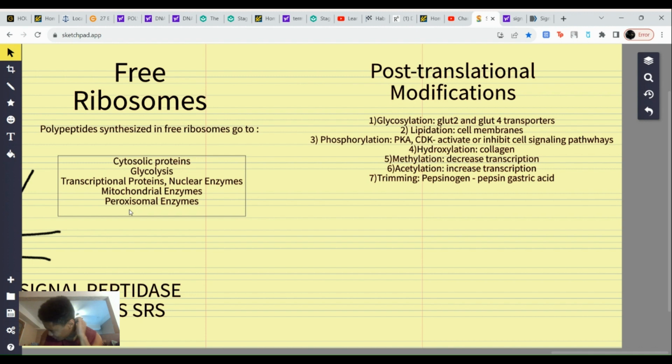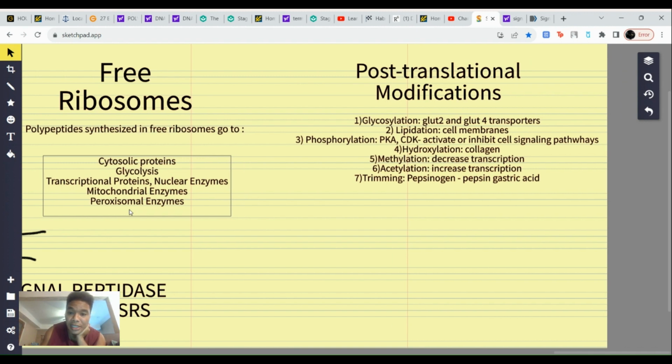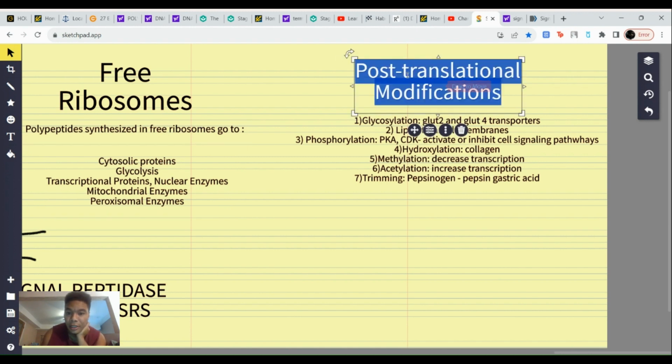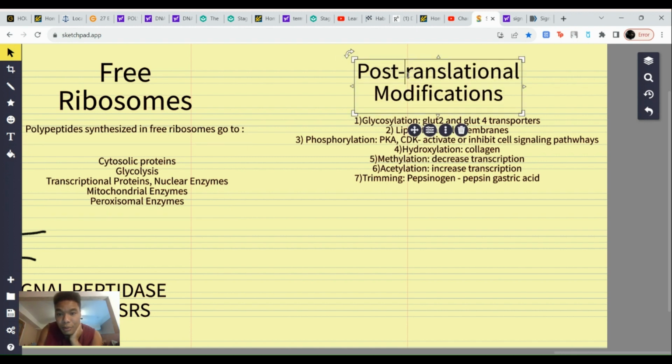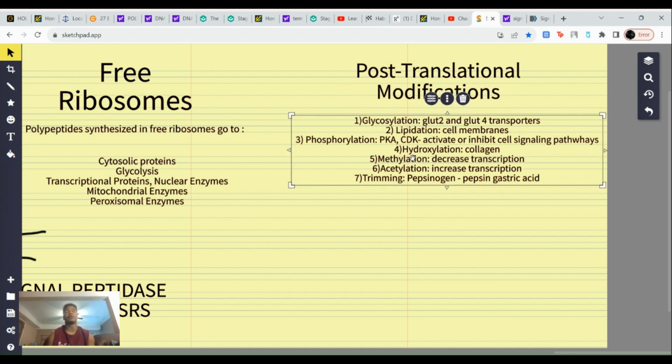Lastly, post-translational modifications, PTMs, if you will. Post-translational modifications happen after the polypeptide has been synthesized. It needs direction on where it wants to go.